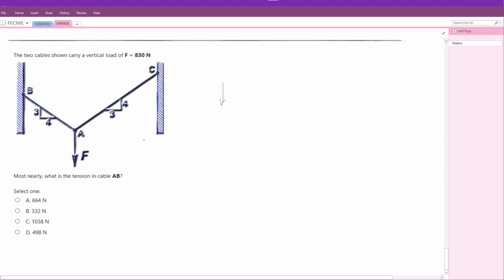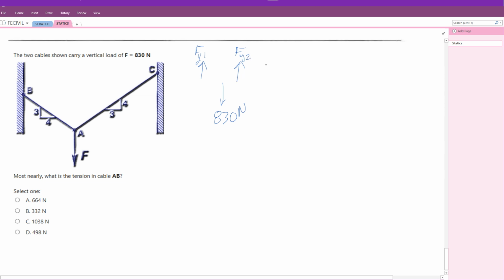Looking just at the vertical direction, there's F, 830 newtons coming down. Then we have a force going up, let's call it Fy1. And then we have another force going up on this side, call it Fy2.